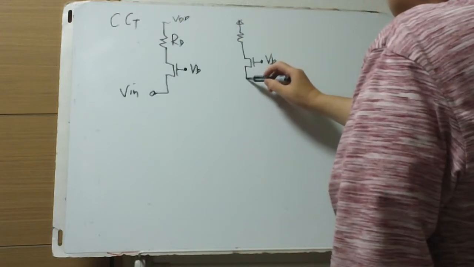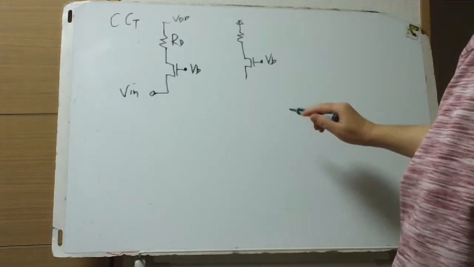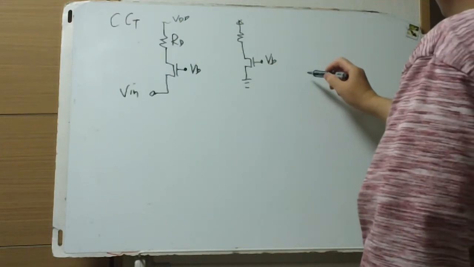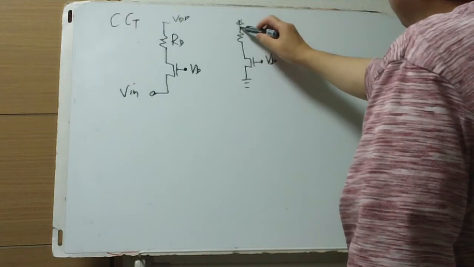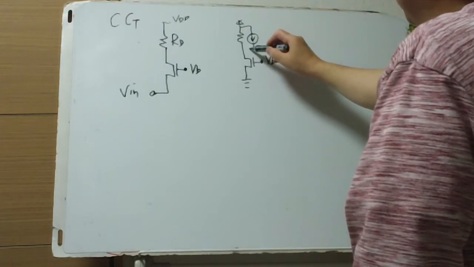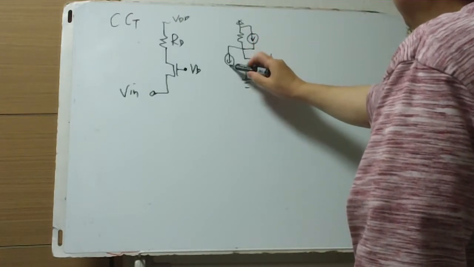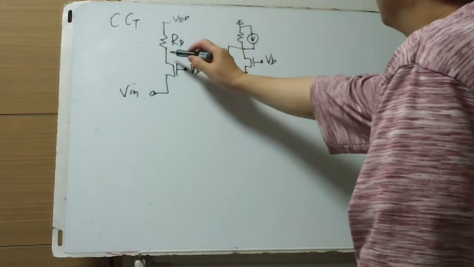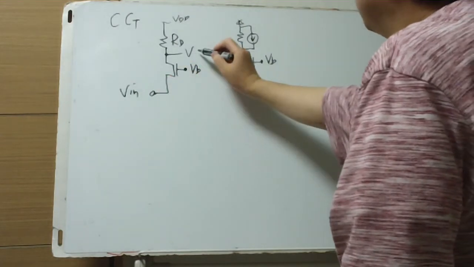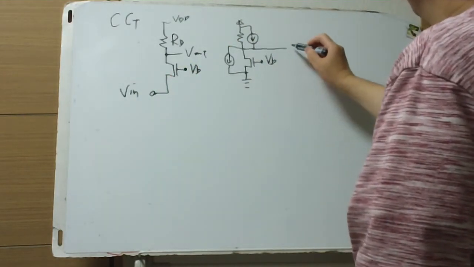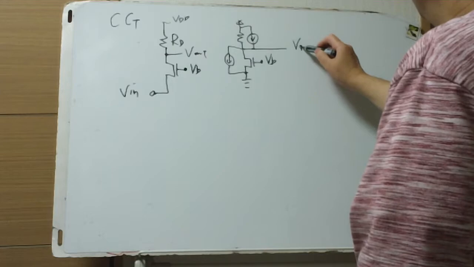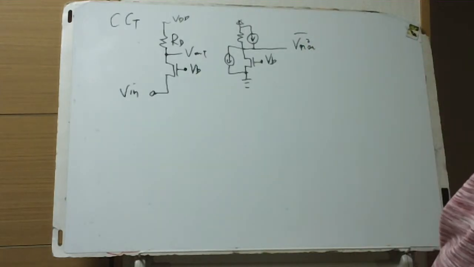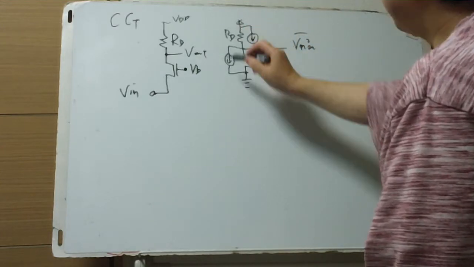And for the voltage noise, we showed the input and for this case, this is Vout, input and Vout, and there is the Vout noise, Vn out noise squared bar, and this is RD.